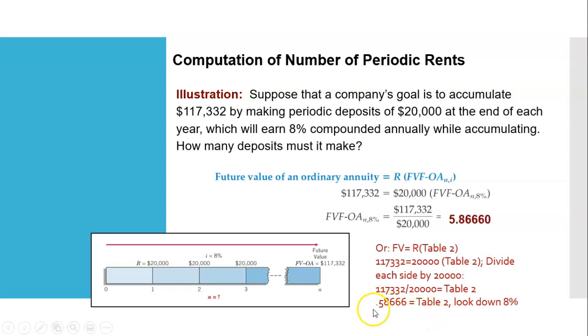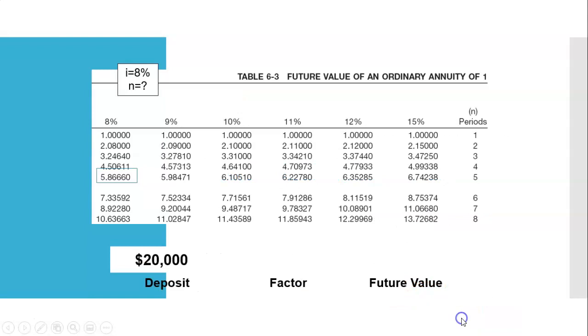Okay, here it looks like a little typo. It's got 0.58666. It should be 5.8666. Okay, and we're going to look down the 8% column until we get to this 5.8666, and then we'll go across and see how many years. So here is our table.